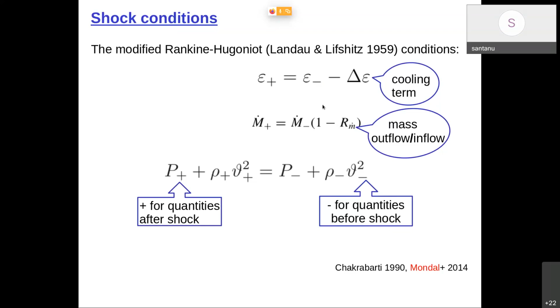Therefore, the size of the corona can change. That cooling effect we consider in our solution. Also, as a jet is present, it can extract some thermal energy from the corona. That can significantly change the behavior of the emitted spectrum. That's why we consider mass outflow also in our solution, and this is the pressure balance condition.